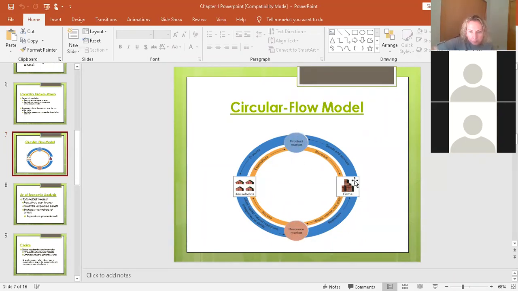So we'll see here that firms provide goods and services to the product market, which provides products to households. Households provide resources to the resource market, and firms buy resources from the resource market, okay? And then you can see here on the inside, right? Firms pay wages to the resource market for labor and all those other resources.